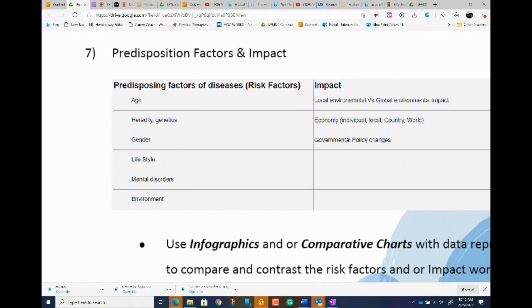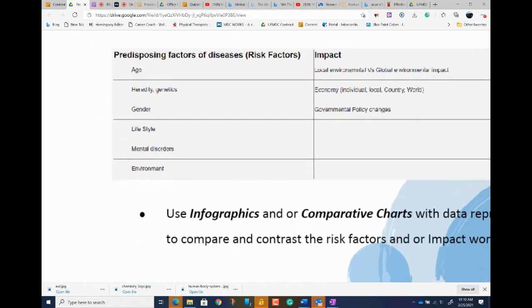Genetics, if there are any specific genes. For example, for breast cancer, there's BRCA1 and BRCA2, which are directly related to ovarian and breast cancer. So whoever has that genetic predisposition is going to have a high risk of it. Okay, gender. Is it male or female? Who is more prone to get it? Okay.